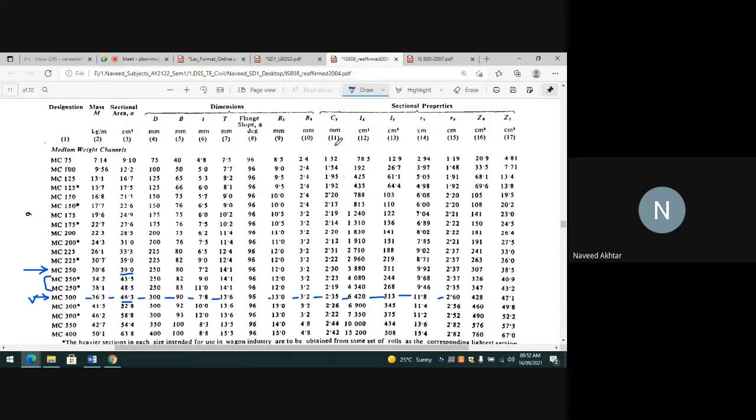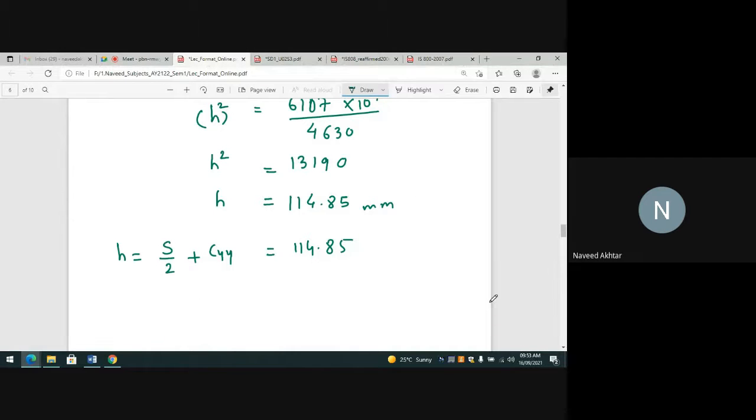The CYY here, it is given in column number 11, as 2.35 centimeter, that is 23.5 mm. So CYY from the steel table is 23.5 mm.